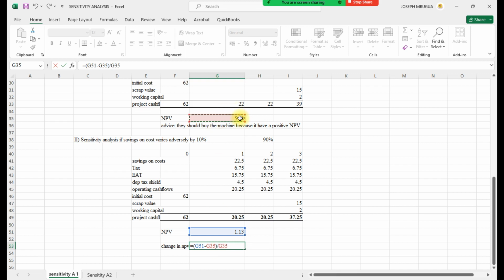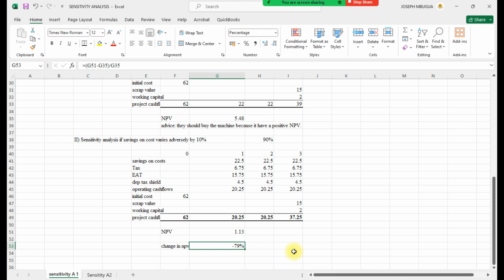Just need to get the percentage change in NPV: the current NPV minus the initial NPV, divided by the initial NPV. We'll get that our NPV will change by 79%. That's how sensitive savings are in this case. We have reduced savings by 10%, but we'll find that the change in NPV is 79%.